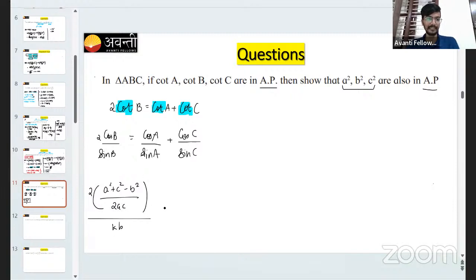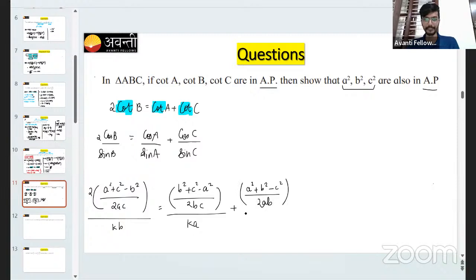It is K into B, is equal to cos A. Cos A is B square plus C square minus A square upon 2BC, upon sin A is K, plus cos C is A square plus B square minus C square upon 2AB, upon sin C is K. Now, all the denominators will go up and multiply here.